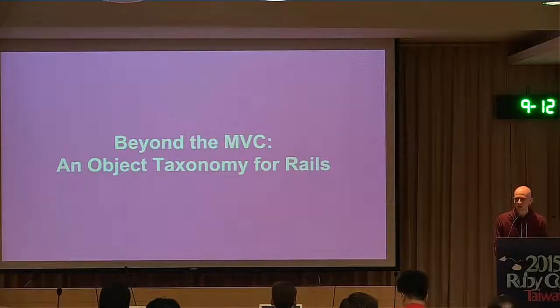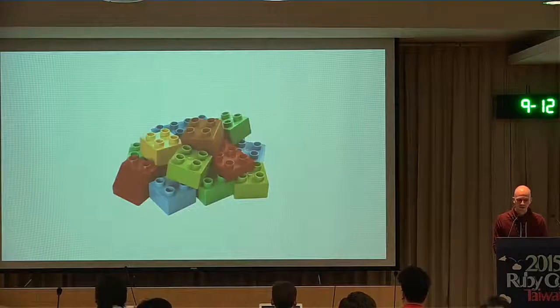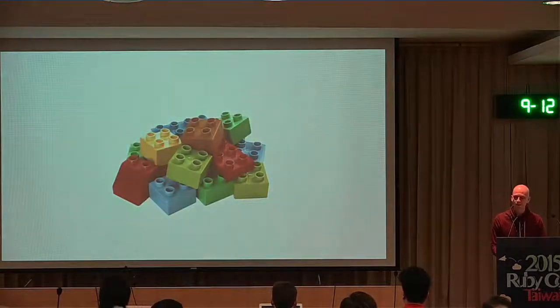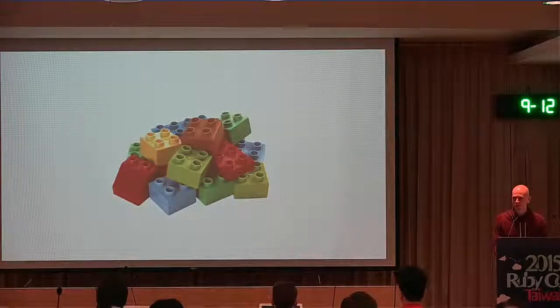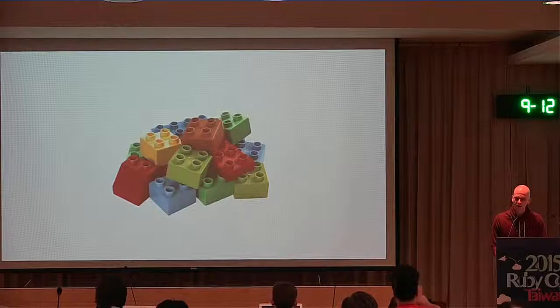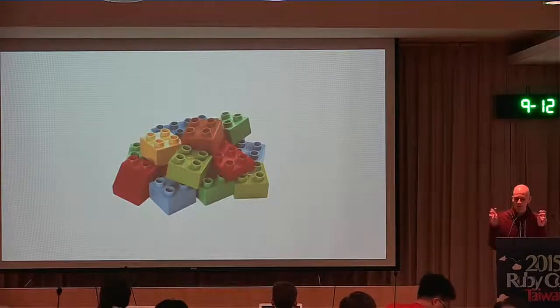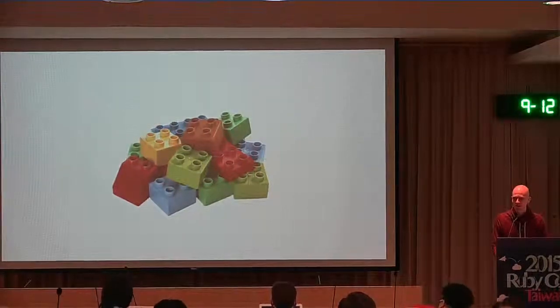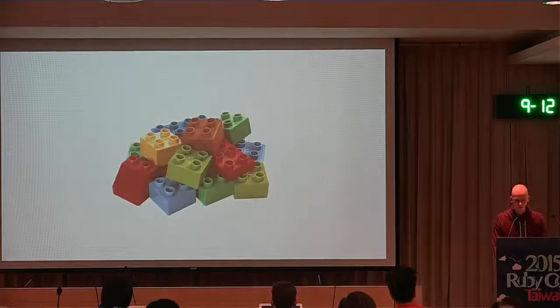But first, I would like to give you all a bit of background to at least try to convince you of why we might need more objects in the first place. When I was a kid, I was a bit obsessed with Legos, and I spent most of my time playing with these colorful building blocks. But before I was allowed to use the real Legos, I first had to pass a test, according to my parents.